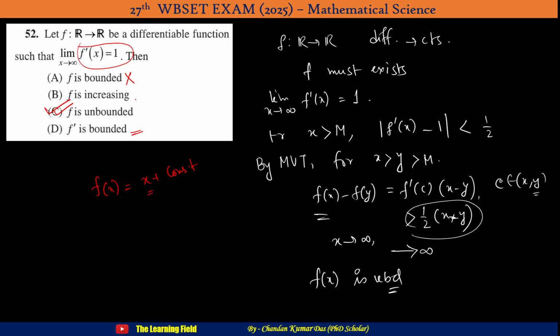Or f is increasing, you cannot say, because you don't know whether x goes to minus infinity or positive infinity, since the function is considered from R to R. So this f is unbounded.